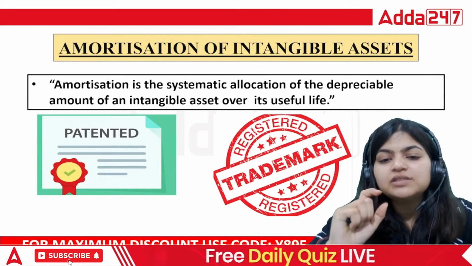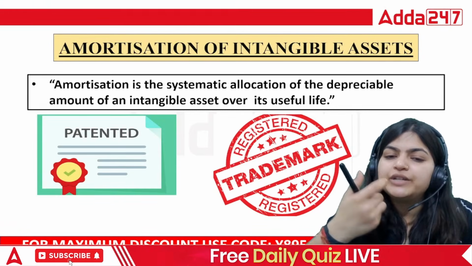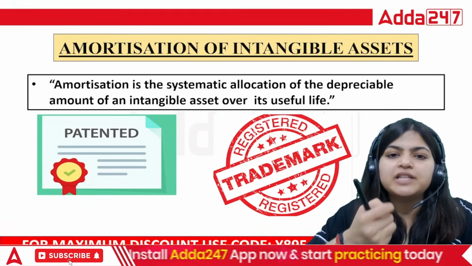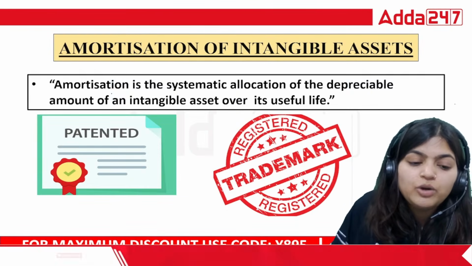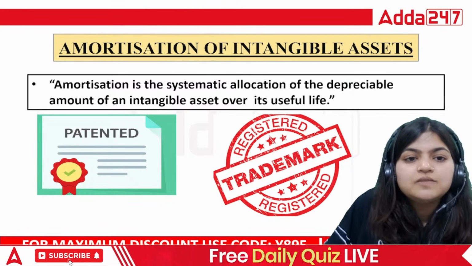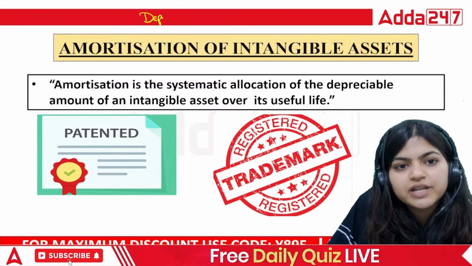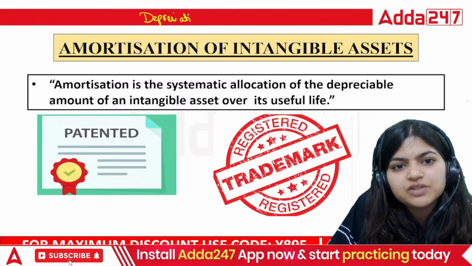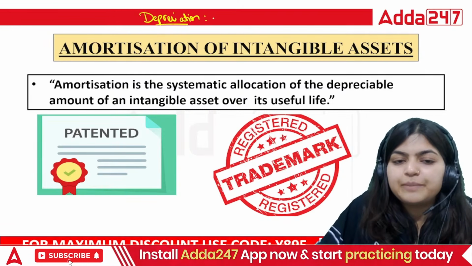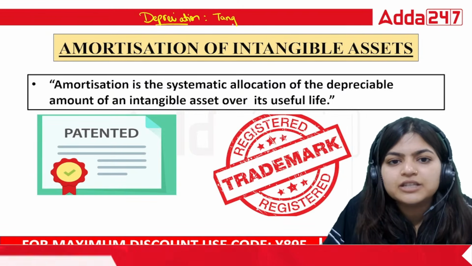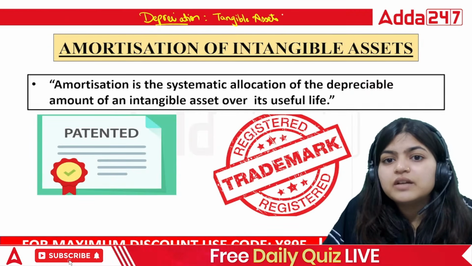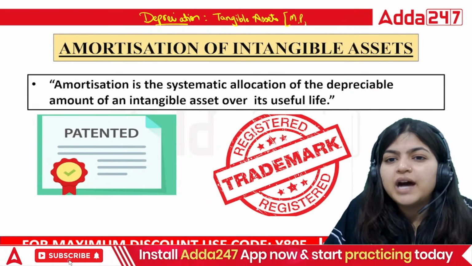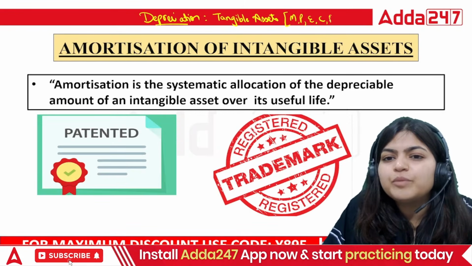There is one more similar term related to depreciation, that is amortization of intangible assets. Generally, when we talk about depreciation, we charge it on tangible items. Tangible assets means machines, plant, equipment, computers, mobile phones.